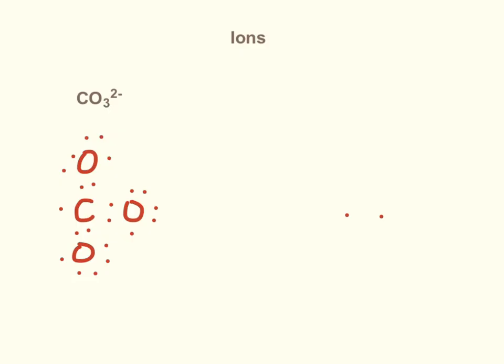Now I have to place those 2 additional electrons somewhere. I can place the first one on the first oxygen and then the second electron on the other oxygen. In this situation, the first oxygen and the second oxygen have 8 electrons around and fulfilled octets.